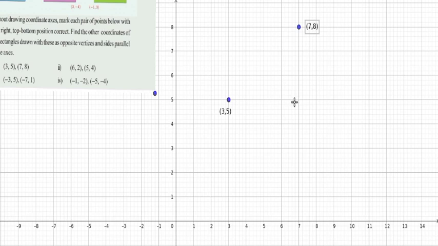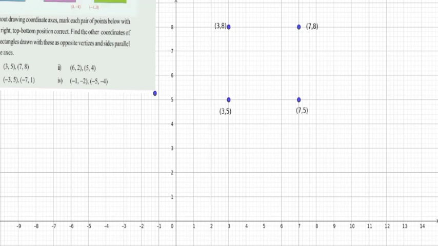And here the y coordinates are the same, and here the x coordinates are the same. So the y coordinate is 5 and the x coordinate is 7. So this point is (7, 5). So the points are (3, 5), (7, 5), (7, 8) and (3, 8).